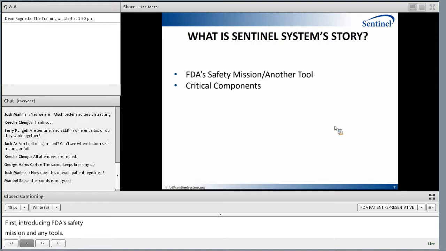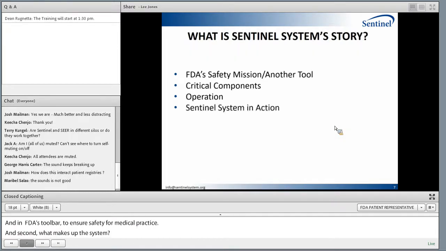Second, what makes up the Sentinel system? Third, a description of how Sentinel works. Fourth, we've provided examples of the Sentinel system in action. And finally, each story describes FDA's commitment to patient privacy.